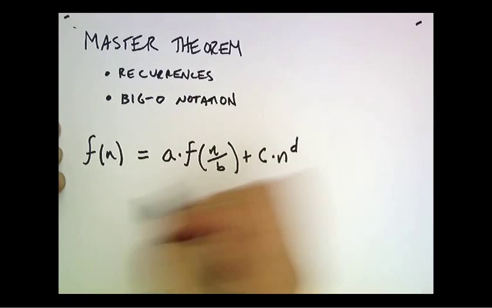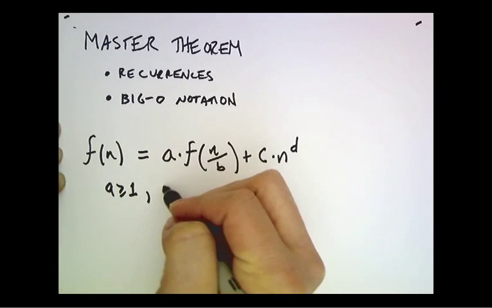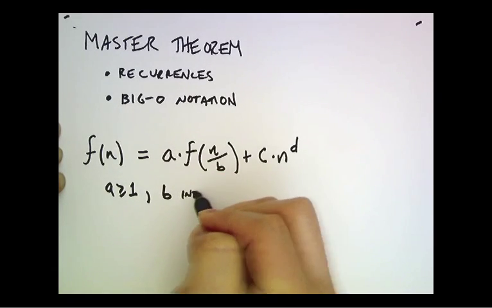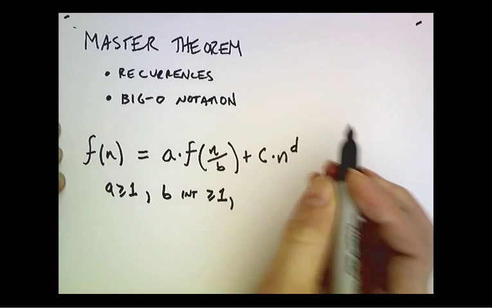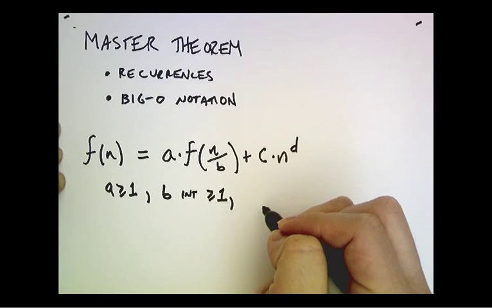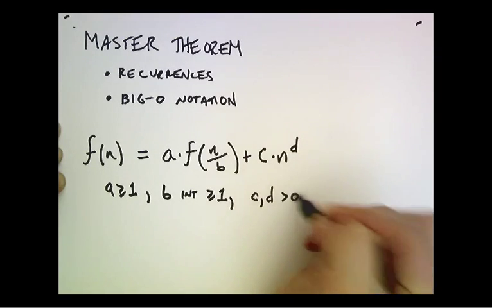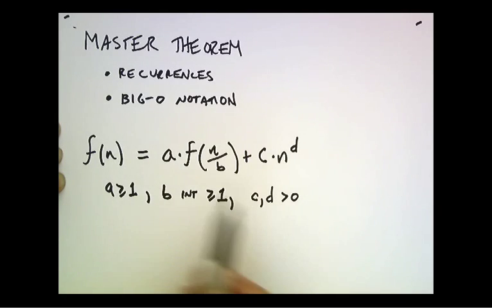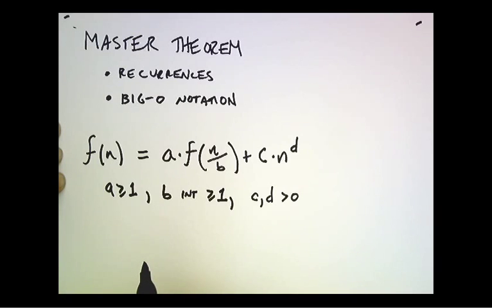So a is greater than or equal to 1, b is an integer greater than or equal to 1, and c and d don't have to be integers, but they both have to be non-negative. And we're also going to assume that n here is divisible by b.